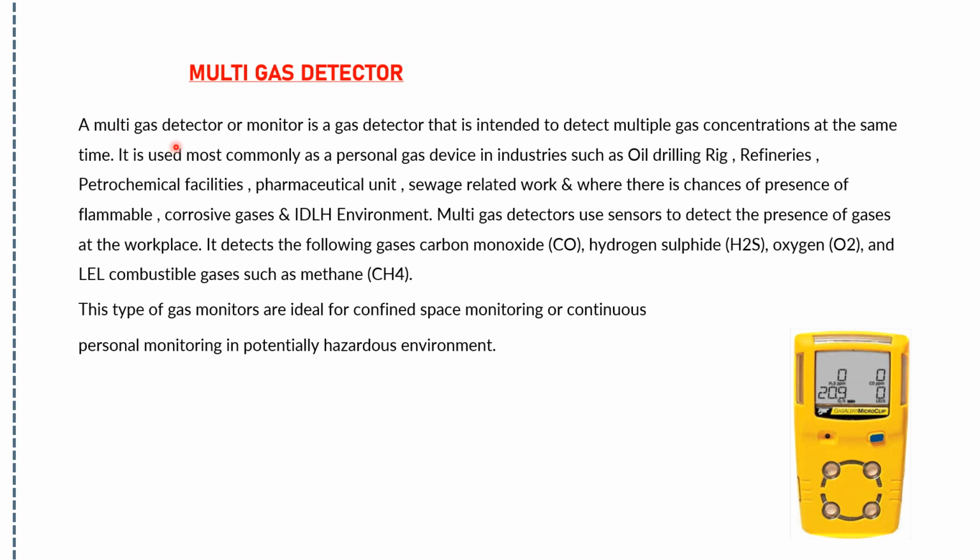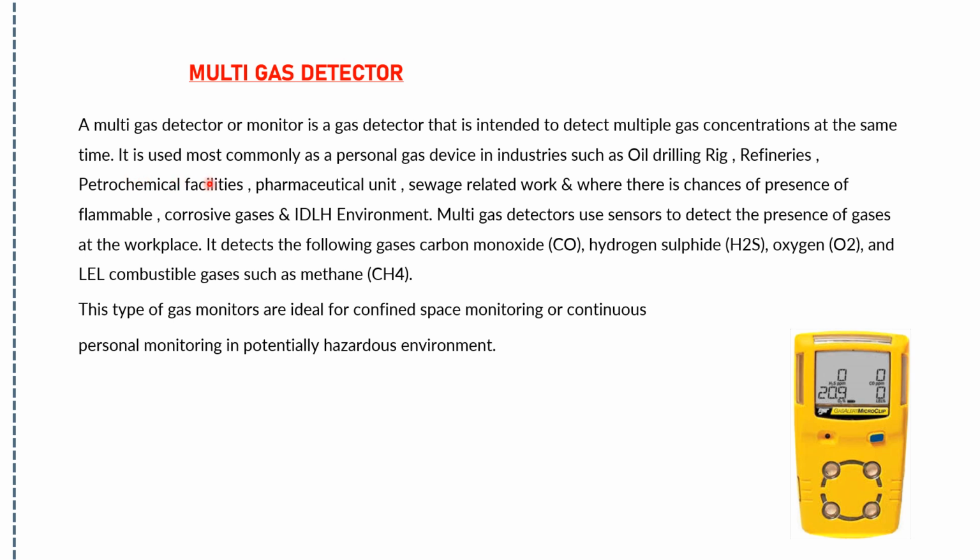A multi-gas detector or monitor is a gas detector that is intended to detect multiple gas concentrations at the same time. It means more than one gas, okay, at the same time.